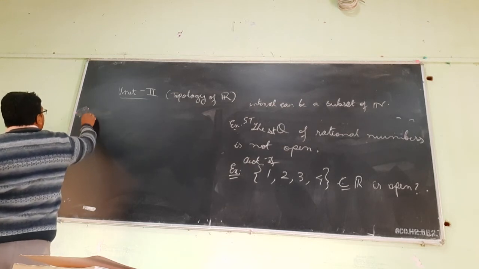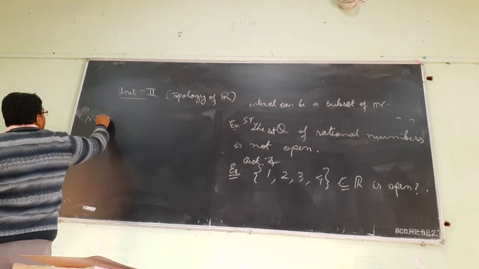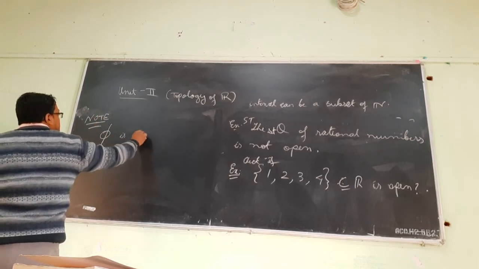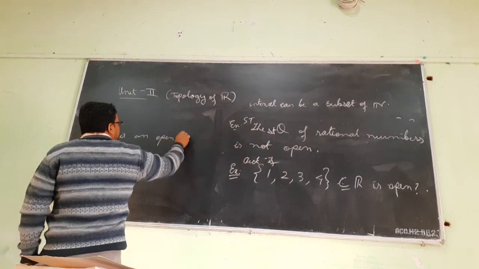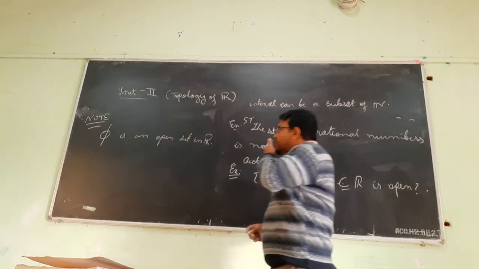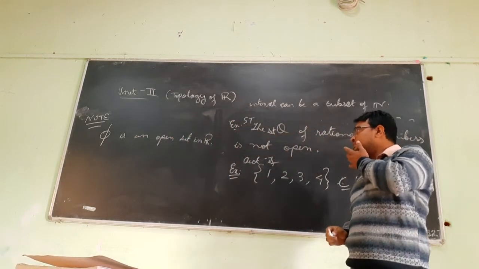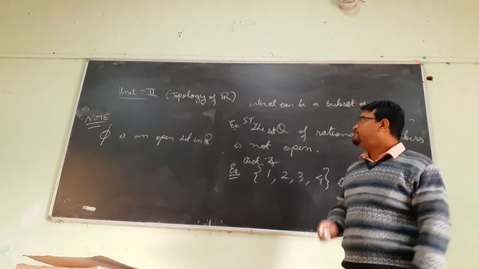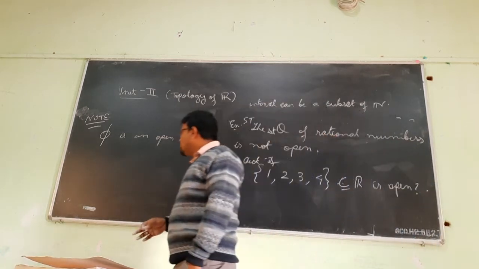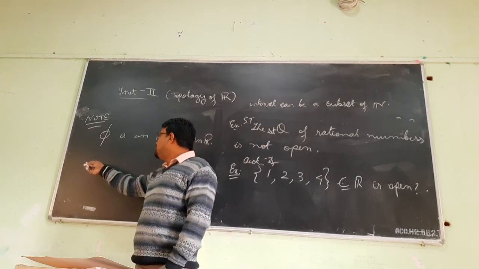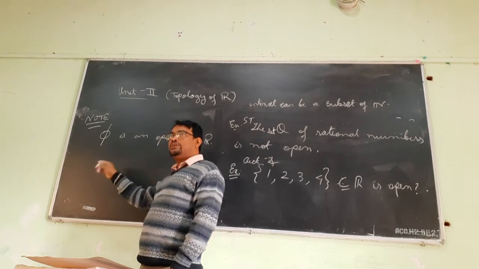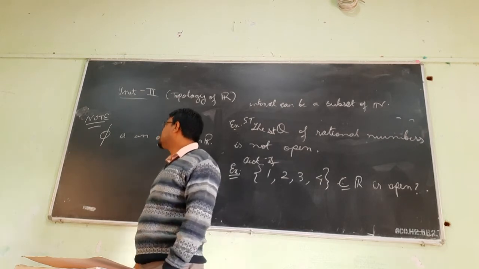But before that, note that the empty set phi is an open set in R. How do we justify it? The definition of open set says that for each element inside the set, we should get an interval which contains that element.